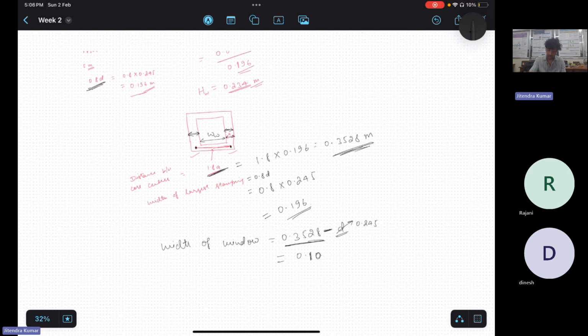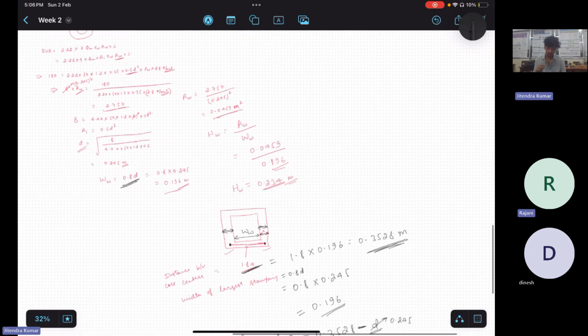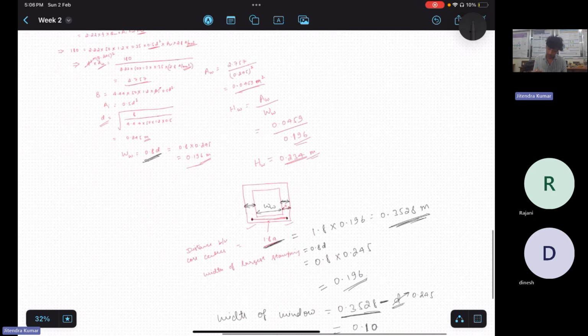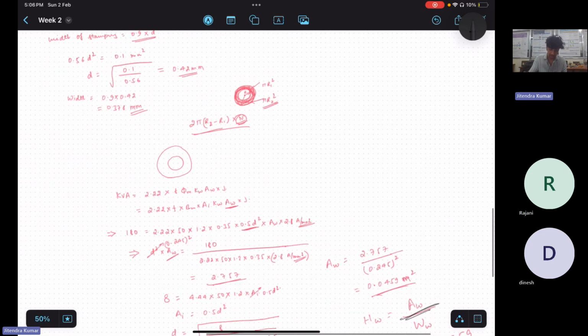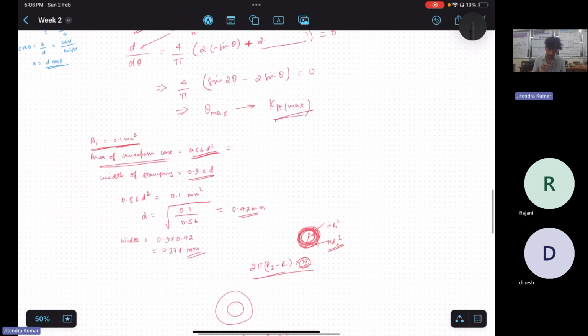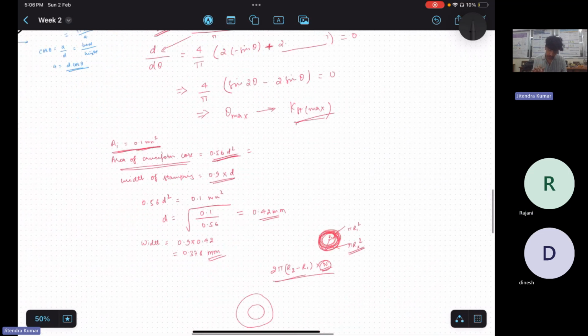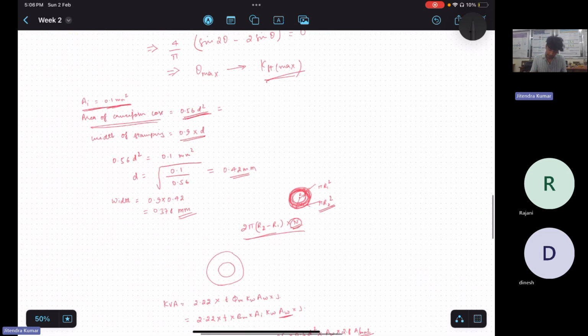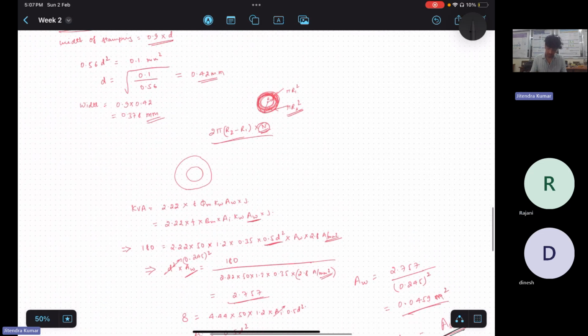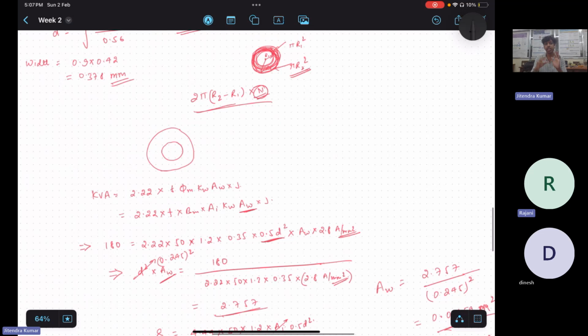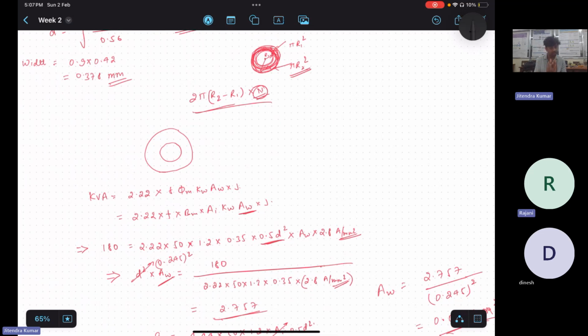If you have doubt, I can repeat again. Now this width you can use to calculate height from this area expression. So see what we did from the beginning. Let me repeat it once. We just needed to calculate height of the window and width of the window.